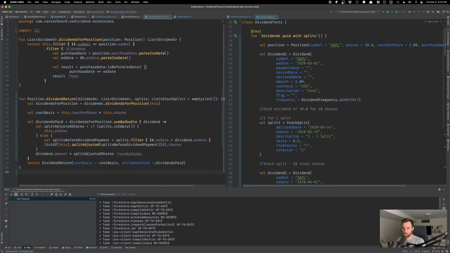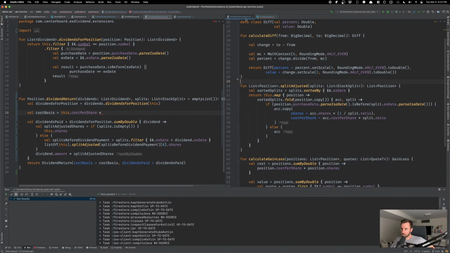This cost basis is not going to be correct. We want the split adjusted, right? List of positions.